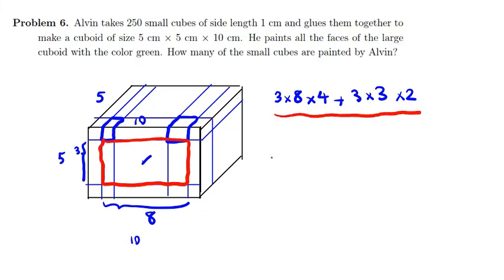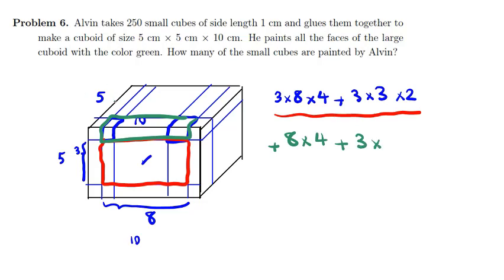So I underline with red to understand what they are. Now let's calculate green ones. So green ones, you have 8 cubes here on this edge, so 8. How many edges with 10 do we have? 1, 2, 3, 4, times 4. And edges with 5, we have 3.